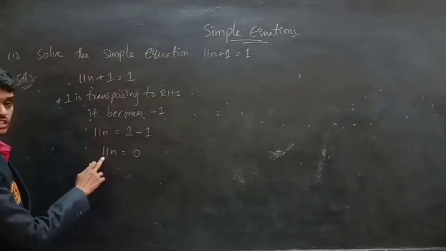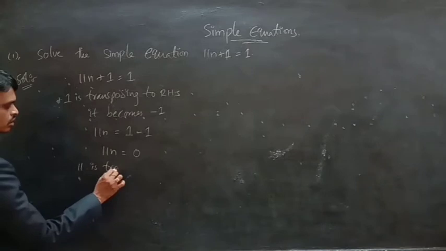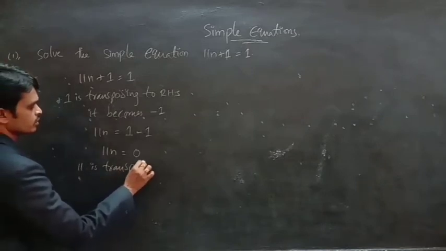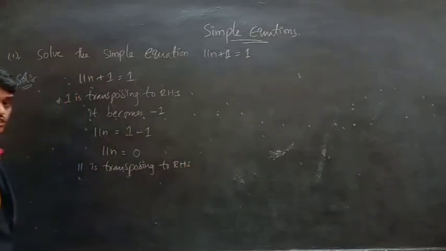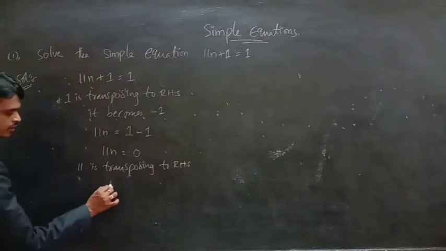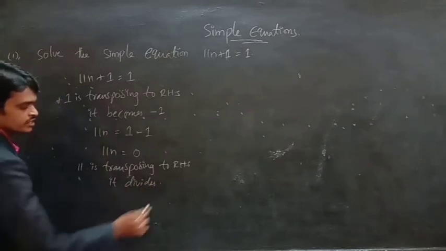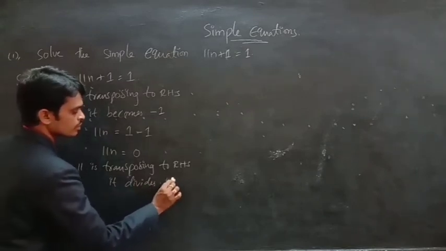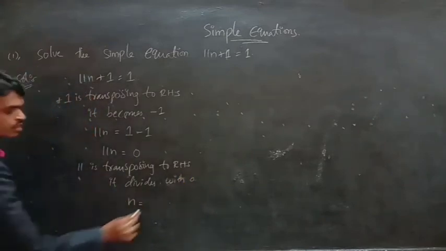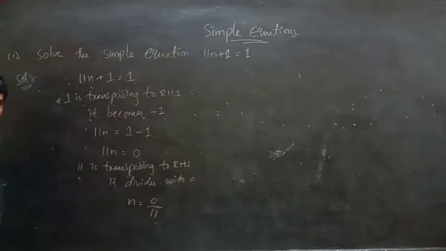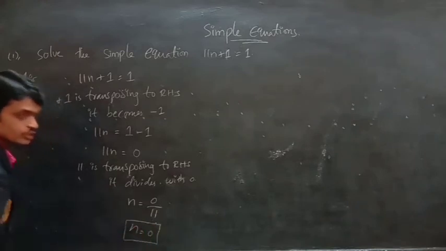Now you should transpose 11 to RHS. 11 is transposing to RHS, then it divides the 0. So n is equal to 0 by 11, and 0 by 11 is nothing but 0. n is equal to 0.